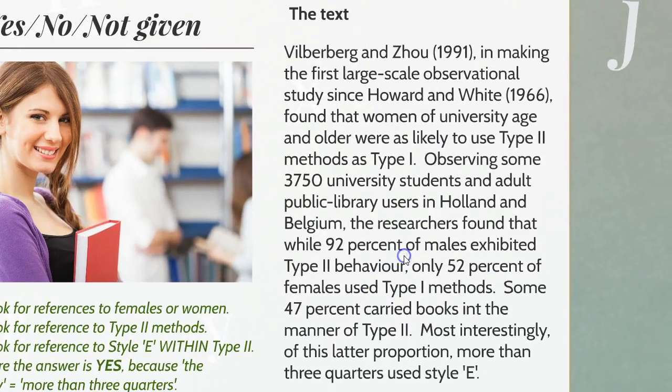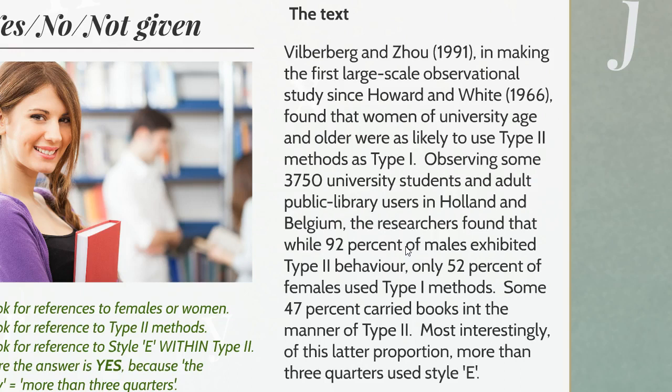Wilberberg and Joe, in making the first large-scale observational study since Howard and White, found that women of university age and older were as likely to use type 2 methods as type 1.